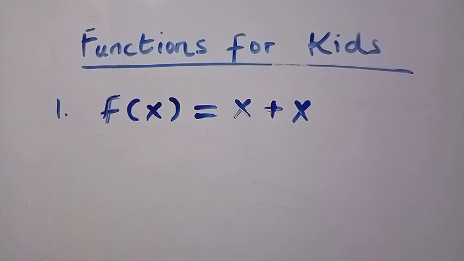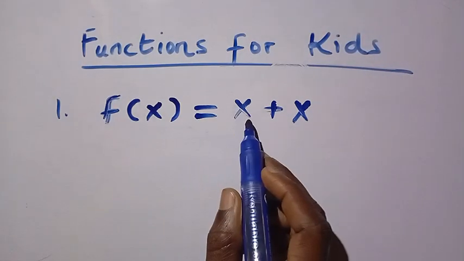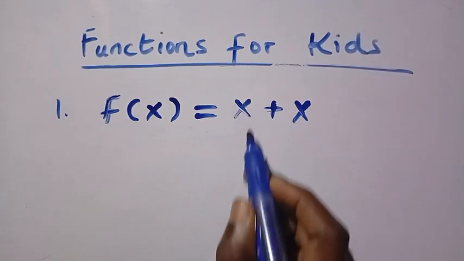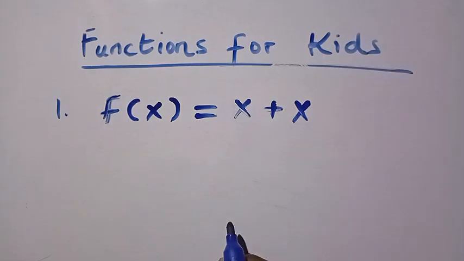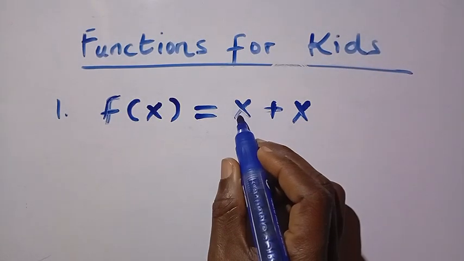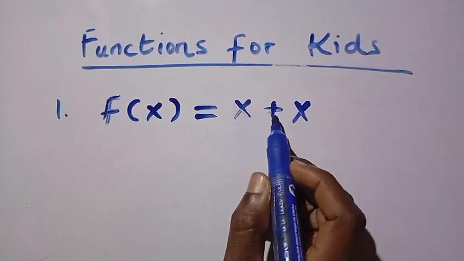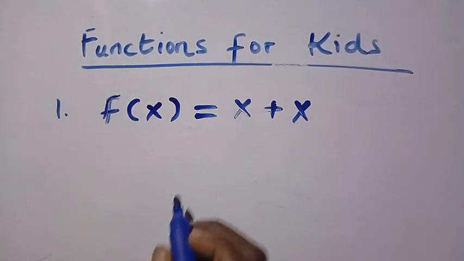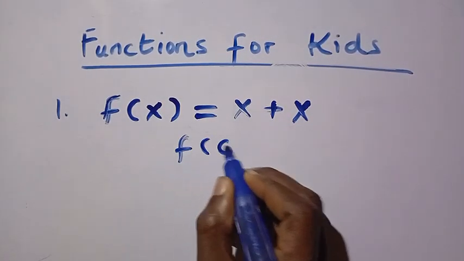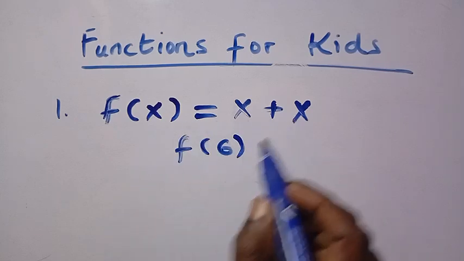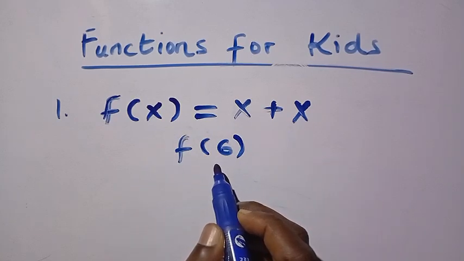Another one here is f of x equals x plus x. This is addition between 2 variables. If we are to find f of 6, anywhere we see x, this 6 will be replacing it.